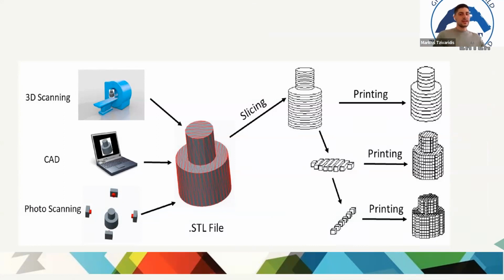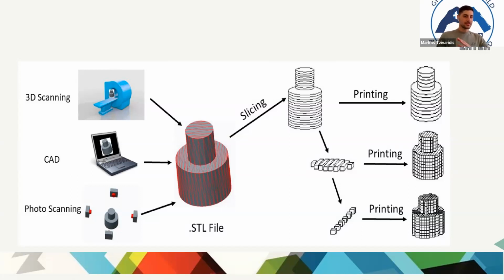The data of the desired object will be converted into an STL file, and then the file will be sliced by a specific program called the slicer. And we will talk about it in the third webinar. This program is called the slicer, as I said, and it divides the 3D model into little geometrical pieces.